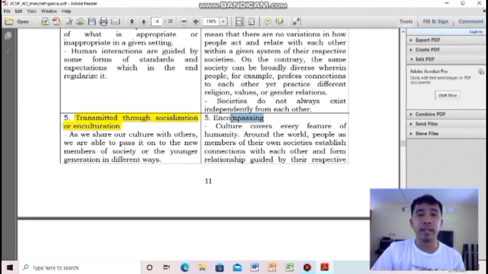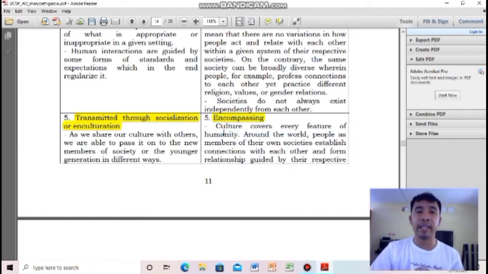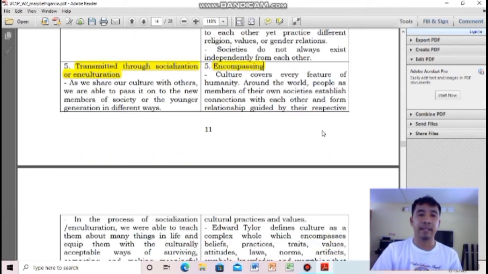Also, culture is encompassing. Culture covers every feature of humanity, every feature of community. It covers all the aspects of our people, of us as a society.